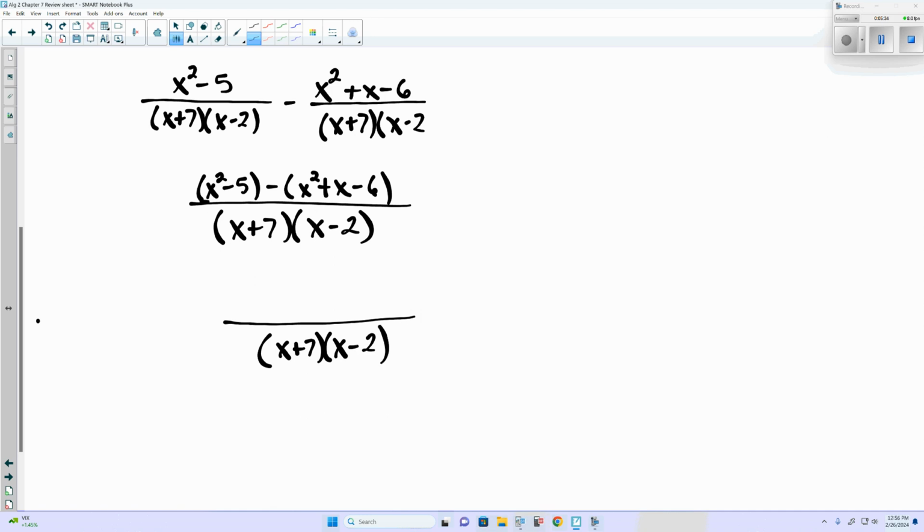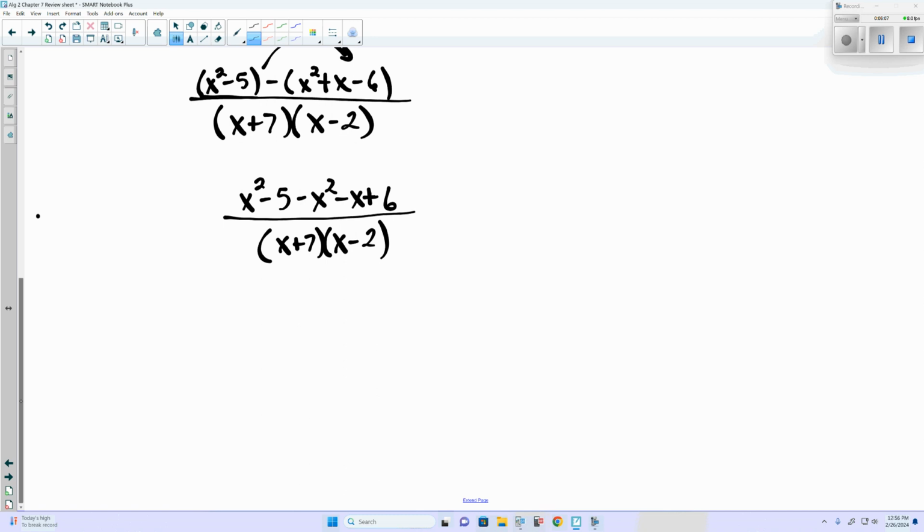Now, the x squared minus 5, since it doesn't have a number or sign in front of it, we can just drop the parentheses. It's going to stay x squared minus 5. Since we're minusing the other, that negative in front of our other set of parentheses has to be applied to everything inside. So our positive x squared is now negative x squared. Our positive x is now negative x. And our negative 6 is now positive 6.